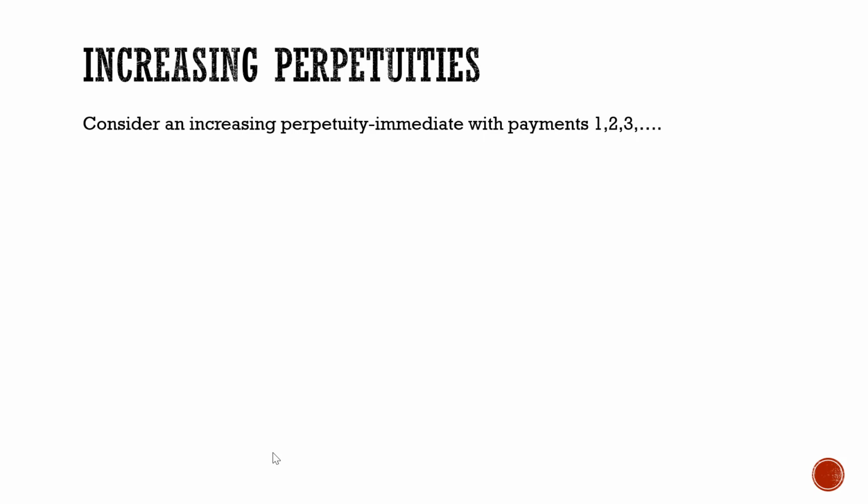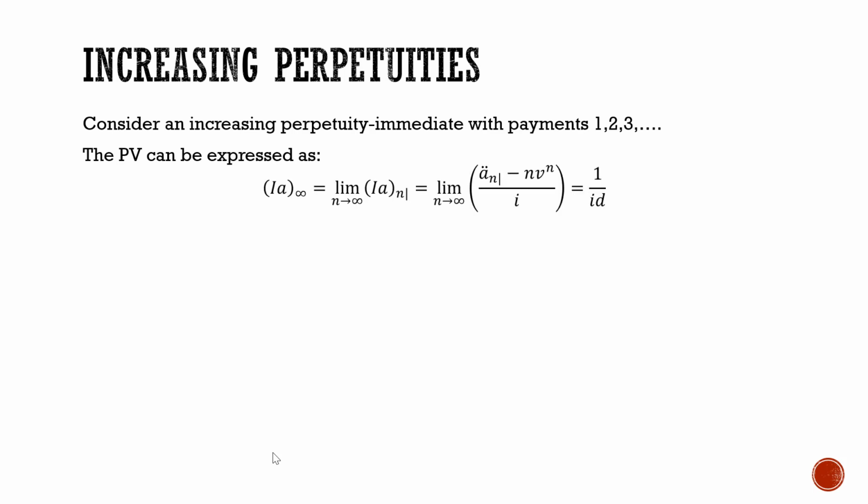Next, increasing perpetuities. Consider an increasing perpetuity immediate with payments 1, 2, 3, and continuing forever. Remember, perpetuities are basically the limit of annuities. So we take the limit. I-A-infinity is the increasing perpetuity immediate, so we take the limit of I-A-N.